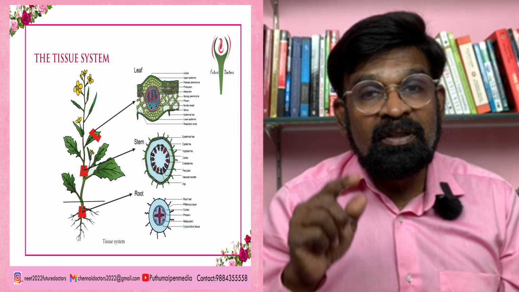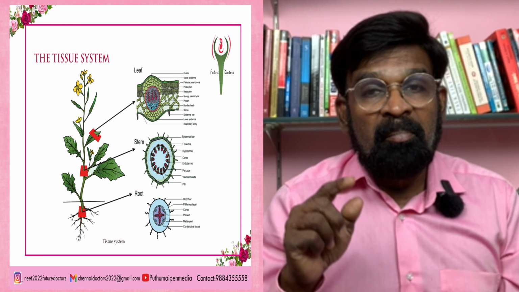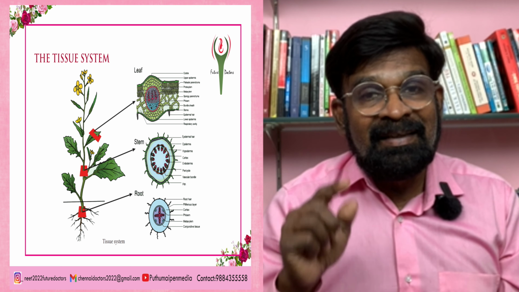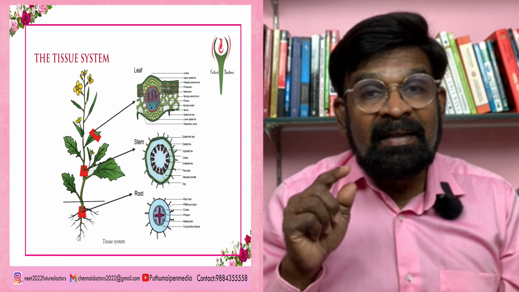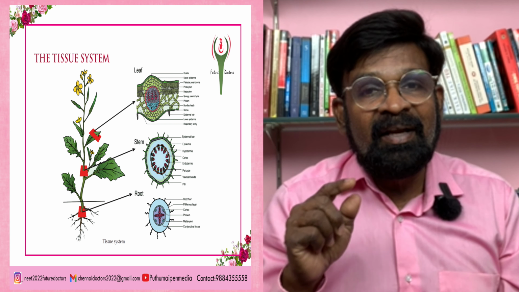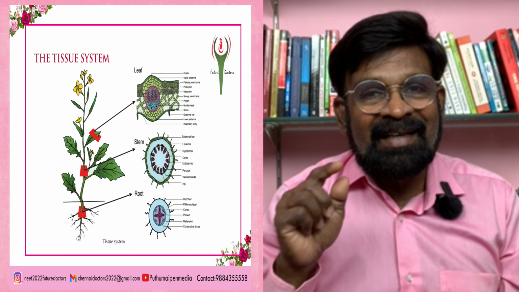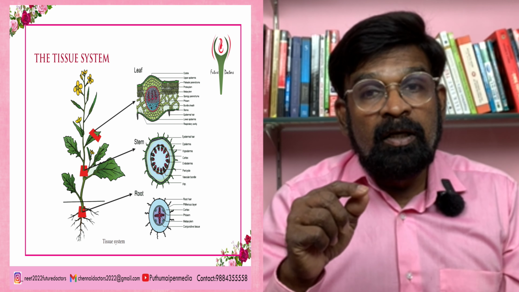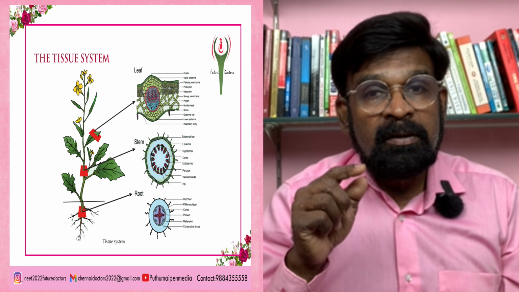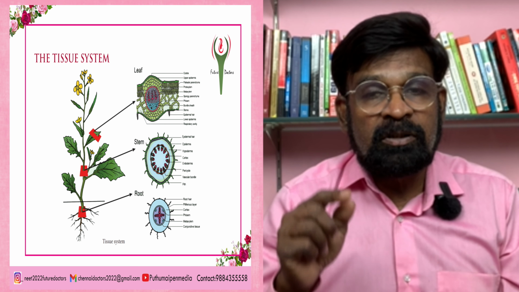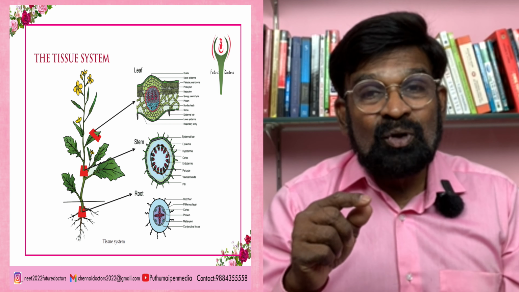It is usually a single layer but is also multi-layered in the aerial parts of orchids and the leaves of Nerium and Ficus elastica. In roots, the epidermis has tubular unicellular projections called root hairs. Stomata.